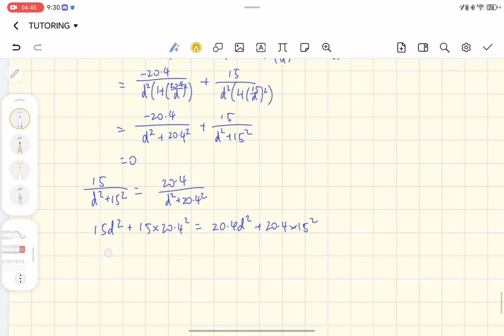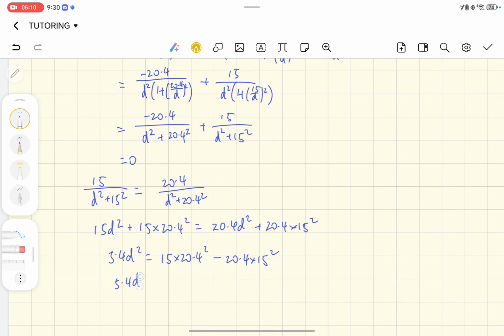Bring d squared onto one side: 5.4d squared equals 15 times 20.4 squared minus 20.4 times 15 squared.